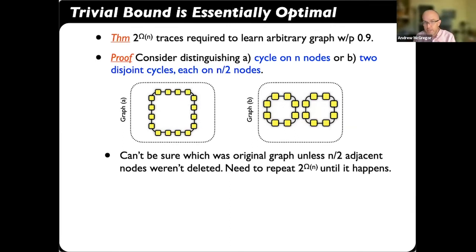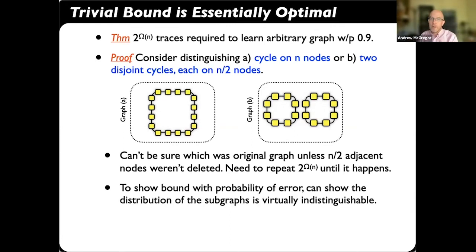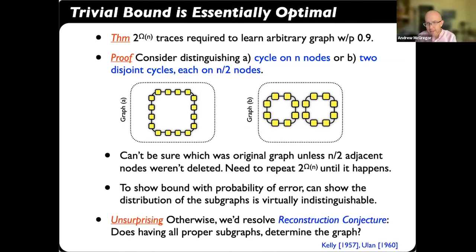Now, of course, this is just to be sure, but if you wanted to argue about error probabilities, what you can do is show that the distribution of subgraphs you get from this graph is incredibly close to the distribution of subgraphs you get from this graph and get your lower bound that way. So I won't do that. I don't think there's much use to it. But this is essentially, in a nutshell, why it's hard to deal with arbitrary graphs.